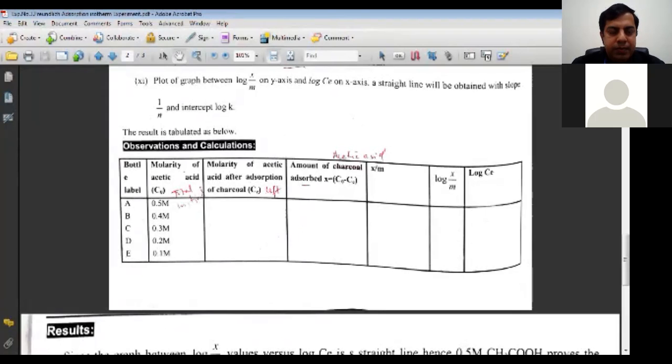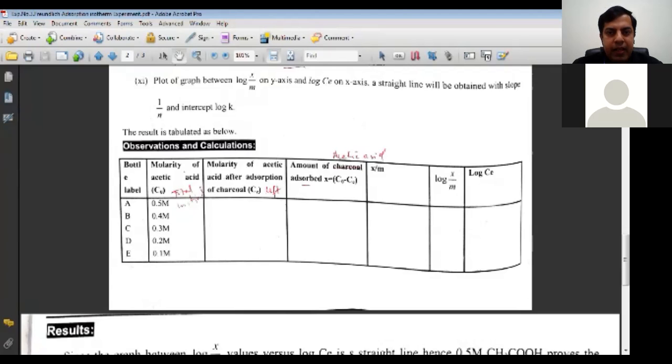After the adsorption, some of the amount is adsorbed and the rest is left, depending on the equilibrium established between the initial concentration and the adsorbed concentration. So when you titrate after the establishment of equilibrium, this will give you the value of how much concentration is left after the adsorption.